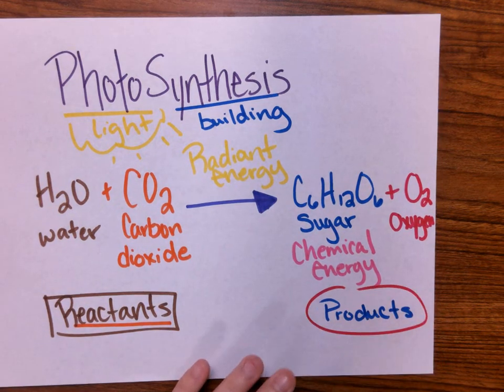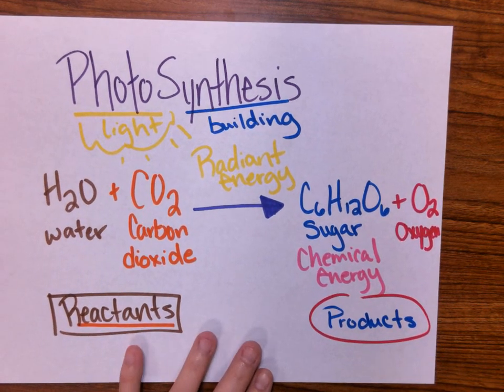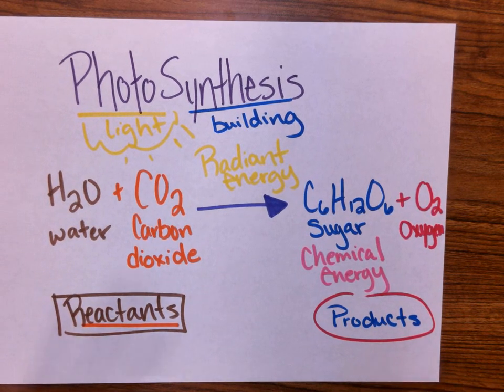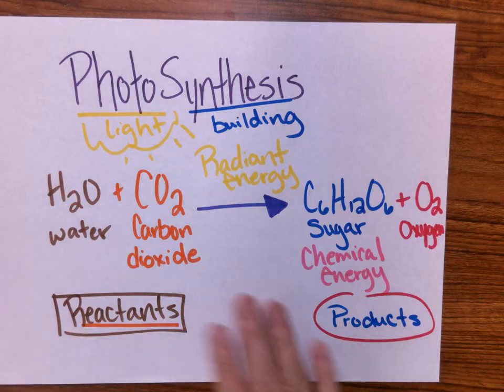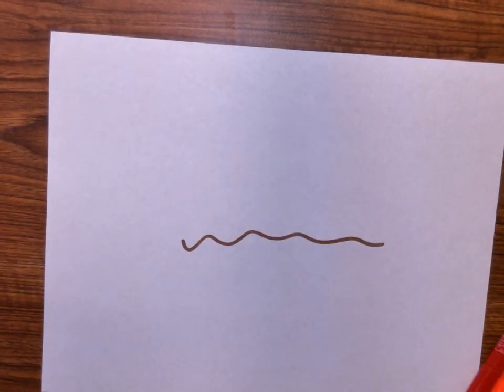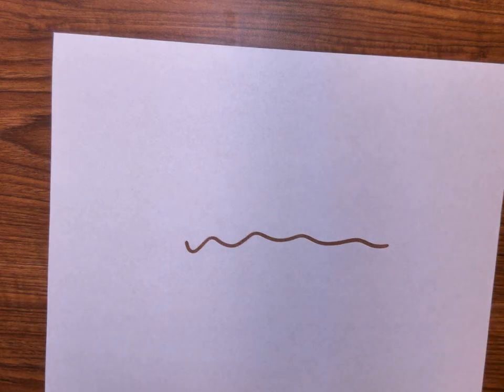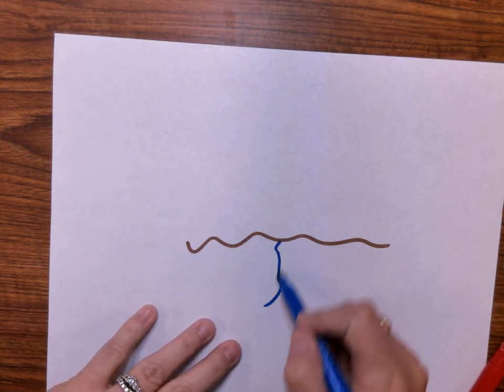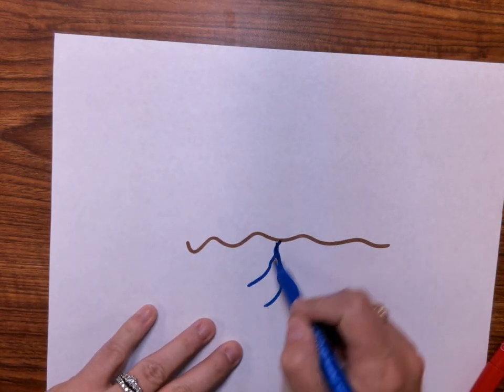So, how do we get these products? Well, if you think about it in terms of a plant, plants grow in the soil. So there's my soil. And they send roots down, and the roots of the plant are where they get the water.